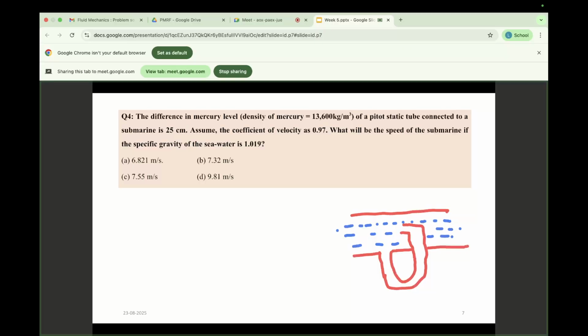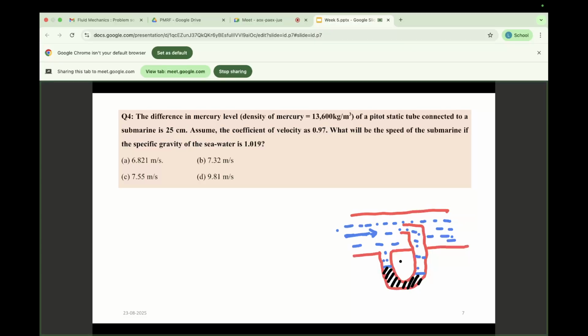This blue line represents water. This is the flow, and this one represents this pitot tube. As this water flows, up to this is water. Here also, some amount of water will flow. And in this pitot tube there is mercury, right?